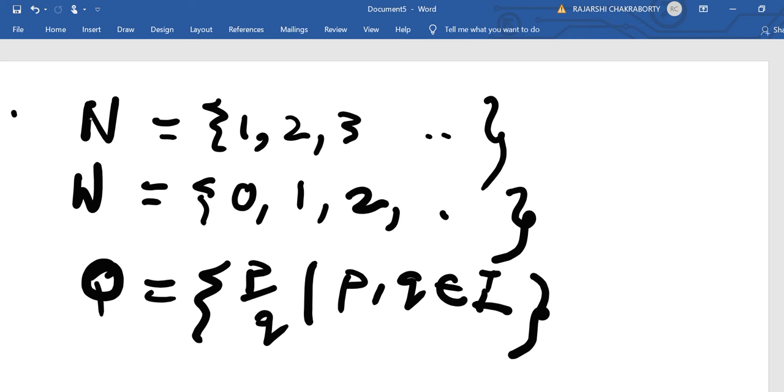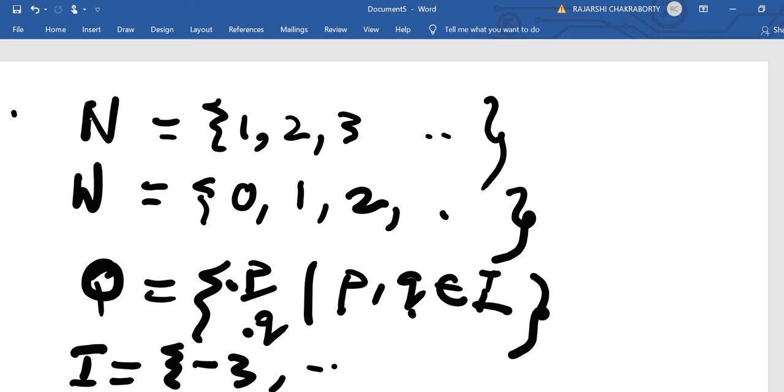A rational number is a set where each element is of the form p by q, where p and q belong to the set of integers. And what is the set of integers? The set of integers would be all the negative and positive natural numbers and 0. So it's going to be dot dot -3, -2, -1, 0, 1, 2, and it goes like that.